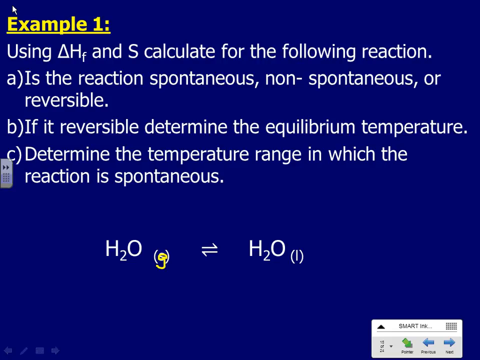Now, if I make this number a little bit smaller, I go to a lower temperature, then this term gets a little smaller. And because this is negative and this is negative, it's positive, right? The universe doesn't like it.